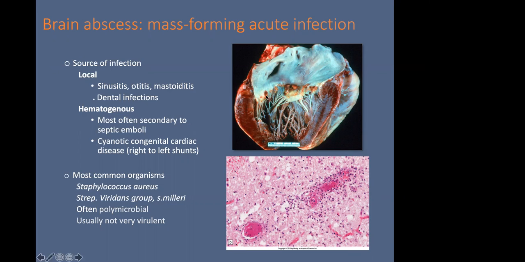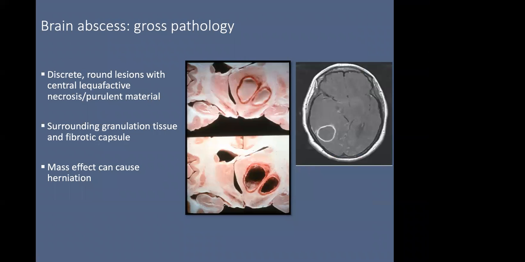For example, infected nodules in the heart valves can be a nidus of these bacteria that can jump into the blood and go to the brain. And in the brain, the bacteria first establish a small nidus of cerebritis, and if undetected, this will progress to become a full-fledged abscess.